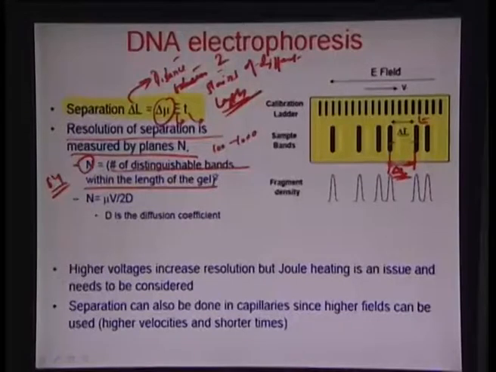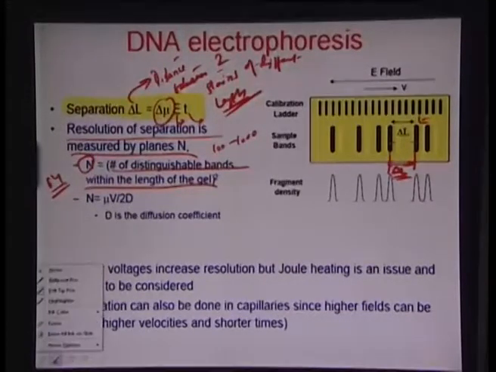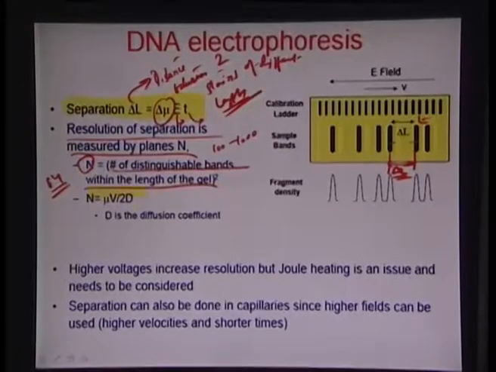And the resolution of a gel, this is a mathematical quantity, is correlated to the mobility of the molecules, the electrophoretic velocity. Also the diffusion coefficient D is illustrated here in the figure. N is equal to mu V by 2D, where D is the diffusion coefficient. Of course, some other facts and figures are that higher voltages would increase the resolution, but Joule heating being an issue, you cannot really go on shooting the voltage to a very high level.